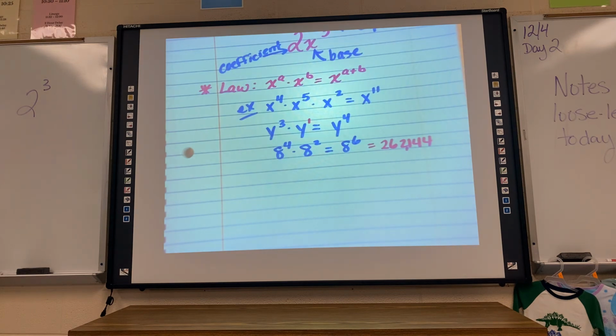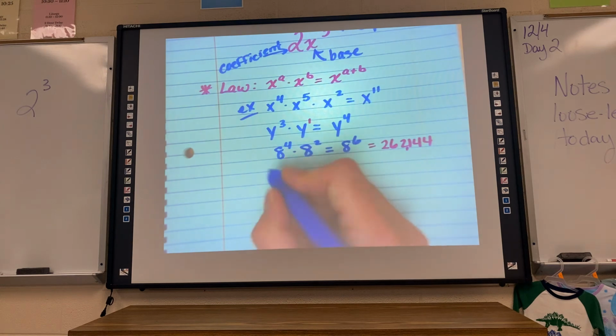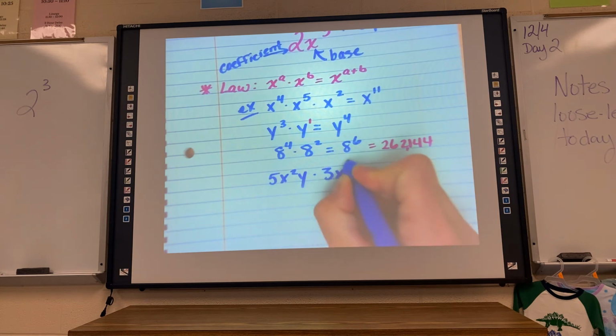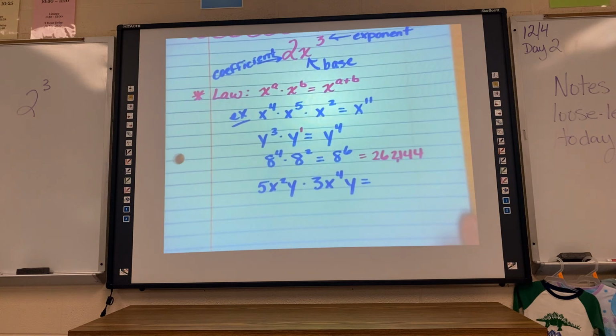Alright, let's do another one. 5x squared y times 3x to the 4th y. Okay, now we have coefficients here too. Who remembers what you do with the coefficients? Tristan? Don't you just multiply them? Yeah, you're just going to multiply the coefficients, and then the base stays the same, and you add the exponents.